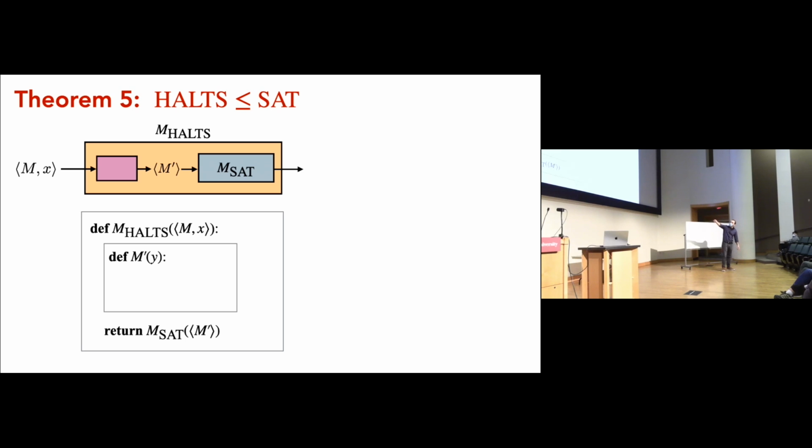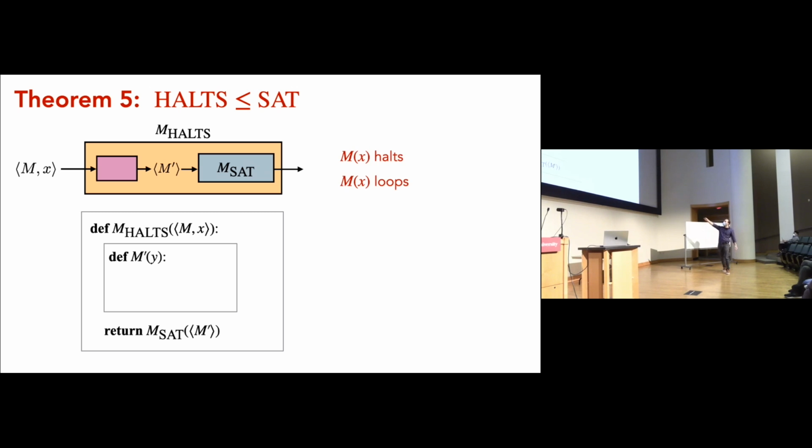Notice that the task is, given m and x, I need to create this m prime. So m prime, of course, is going to have m and x inside it. It's going to depend on m and x in some way. It has to, because somehow whether m prime is satisfiable or not should tell me whether m of x halts or not. So I have to create that situation.